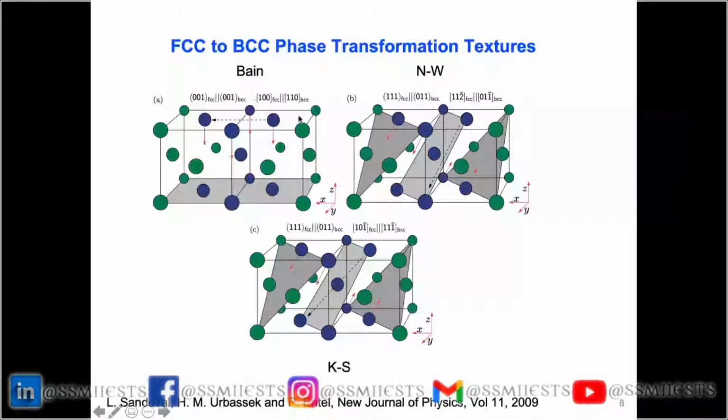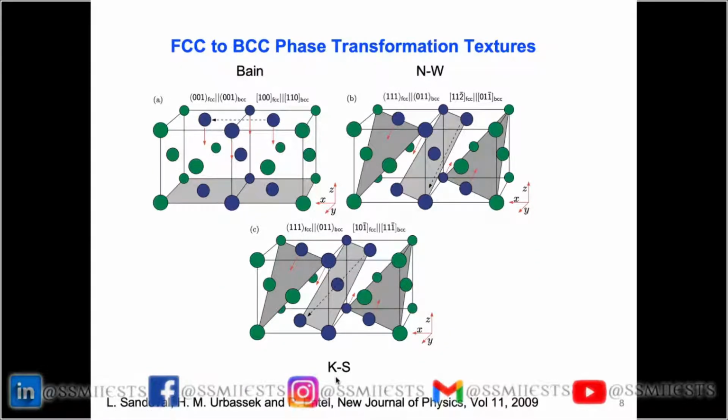Later on, this was more refined, because Bain is only an approximate description, and this was refined into what is now known as the Nishiyama-Wassermann orientation relation, or the Kurdyumov-Sachs orientation relation. Actually, the KS orientation relation is the most commonly adopted orientation relation for low carbon steel.